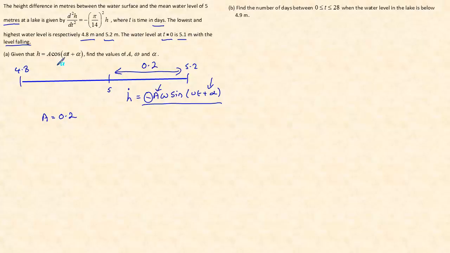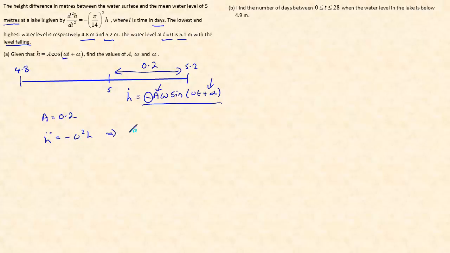Now, the omega is going to be related to this. We know that h double dot is negative, and in this case we're calling this constant omega, so that will be omega squared h.